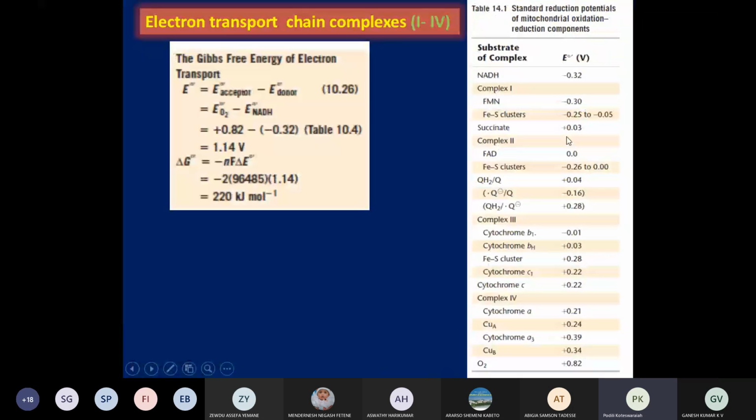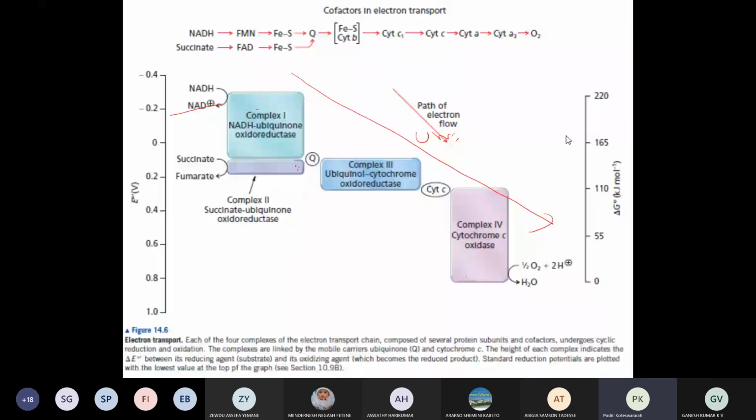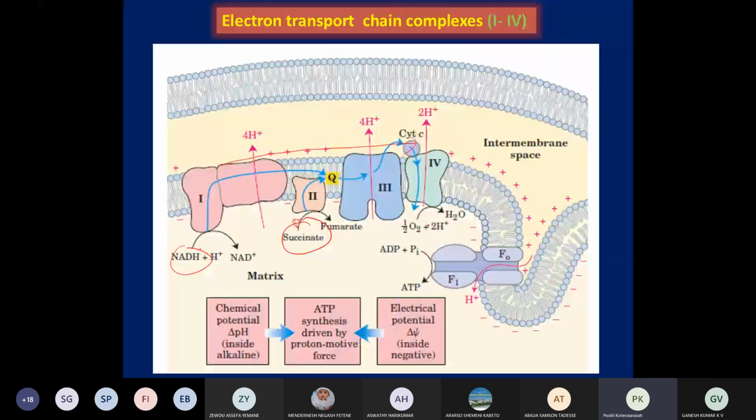One point you need to remember is that the electron transport chain takes place between NADH and oxygen. Oxygen is the terminal electron acceptor, and NADH and FADH2 are the high energy reducing equivalents, the electron donors. So the redox potentials of all these complexes should be between the redox potentials of NADH and oxygen.